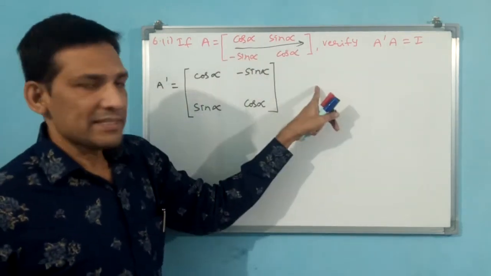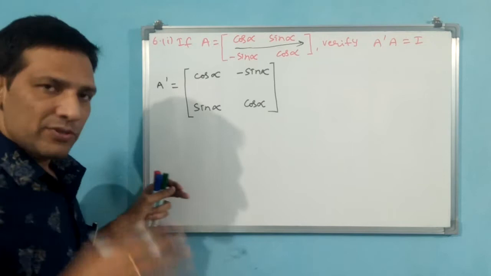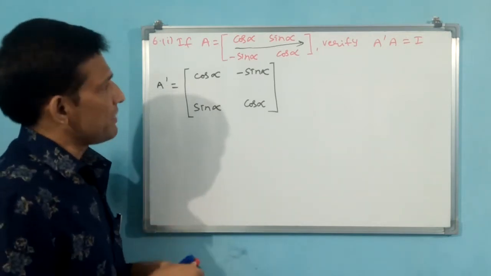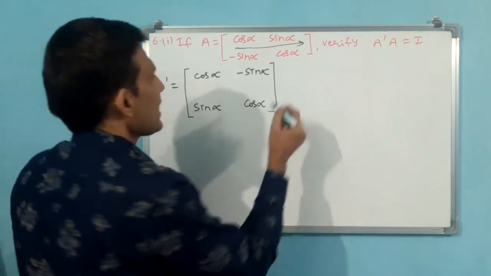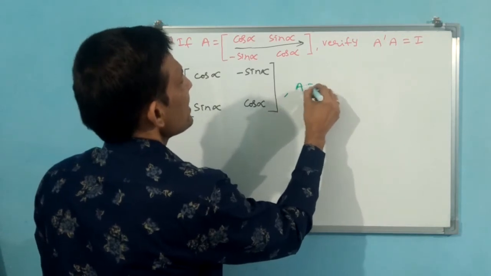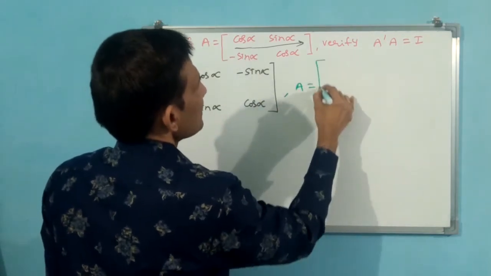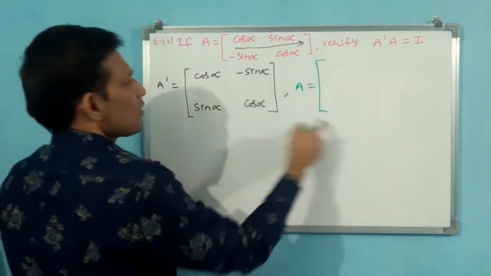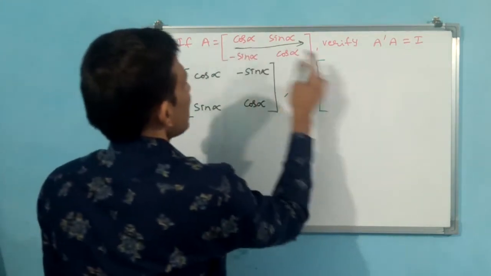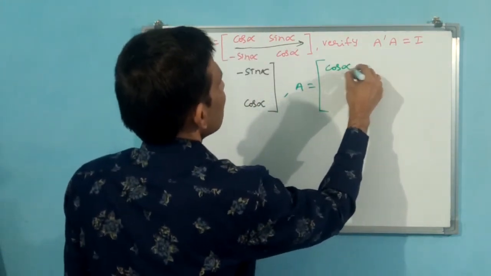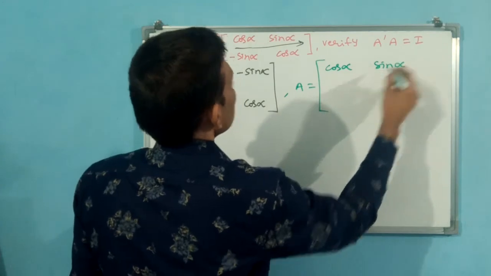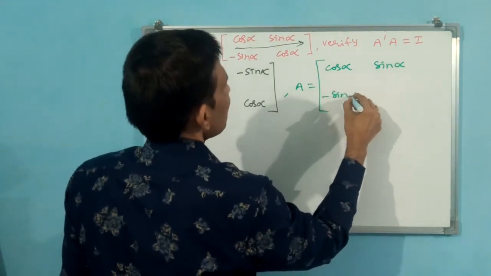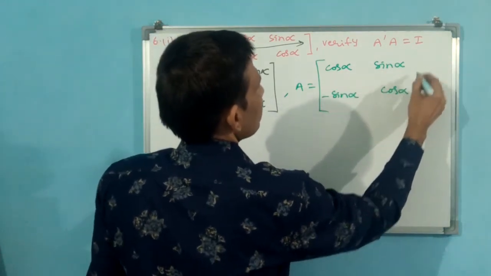Again you write A by the side, because for multiplication purposes you have to write it. That is a good practice, or else you are going to make a mistake. Again you write A is equal to, copy this: cos alpha, sin alpha, minus sin alpha, cos alpha.